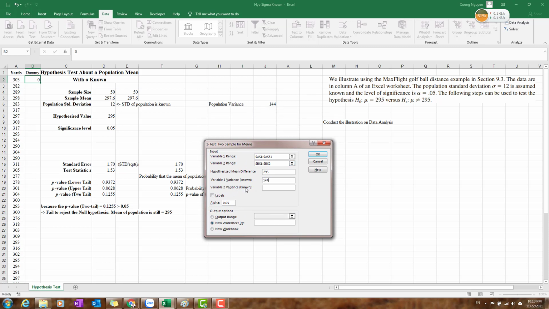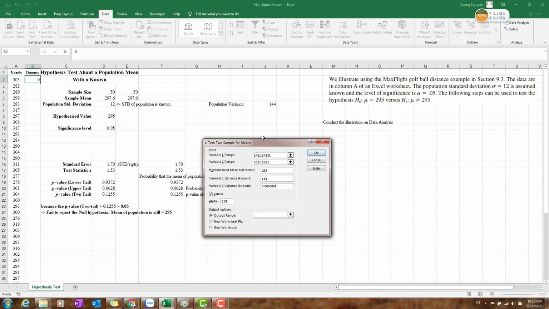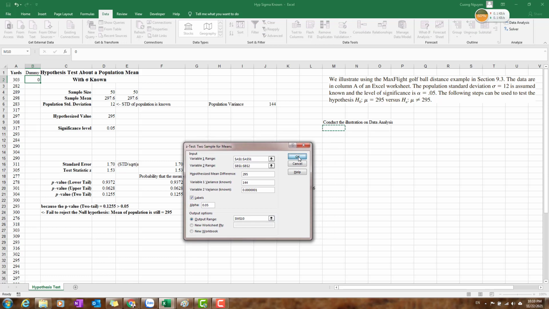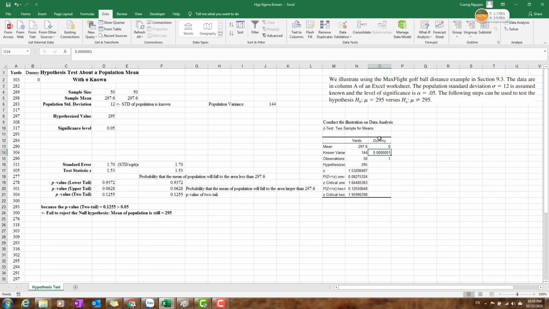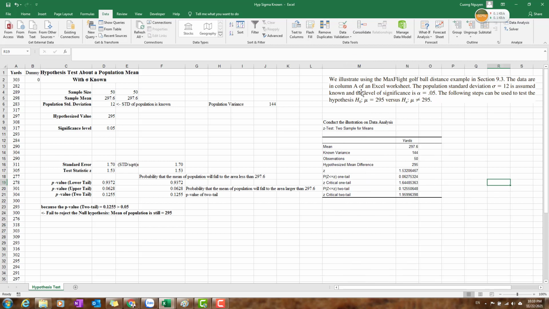And the variance of the second variable, the dummy variable, I will just make very small to minimize its impact. Labels in the first row, just to let it know that the variable has a name at the beginning, it's not a number. Output range, I will just create over here, and I say okay. Alright, for the dummy variable, it's not really necessary. You can delete it, and you see all the hypothesis testing for this one.